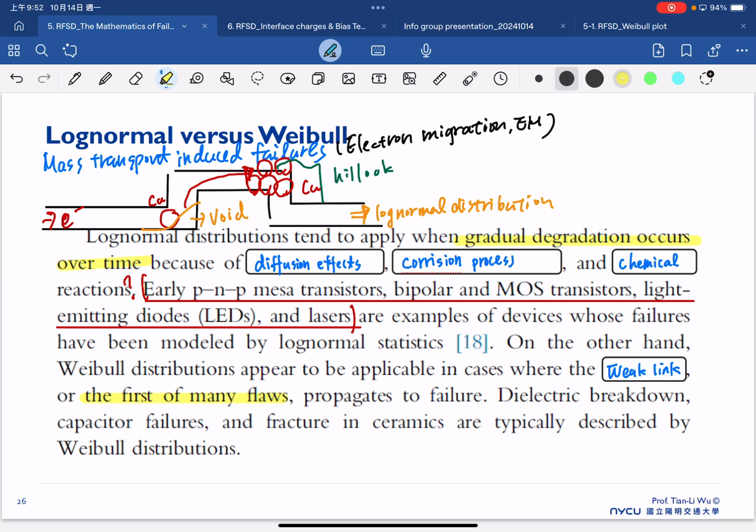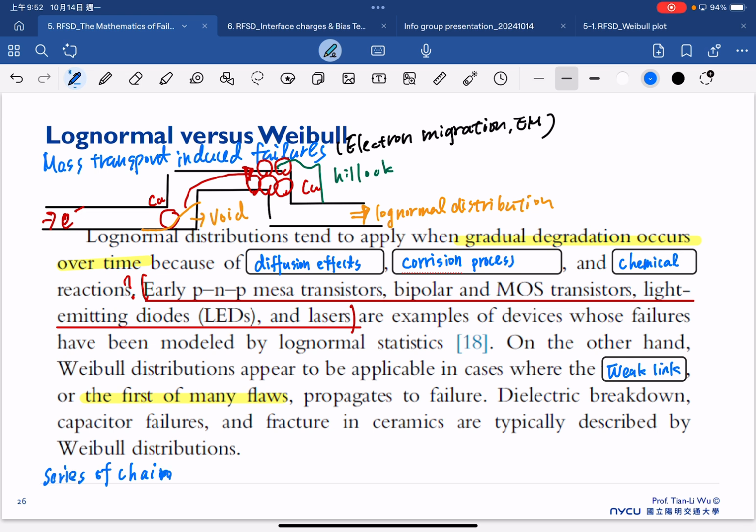The idea of a weak link can be easily understood if we consider a series of a chain.